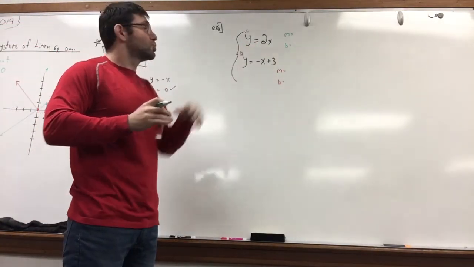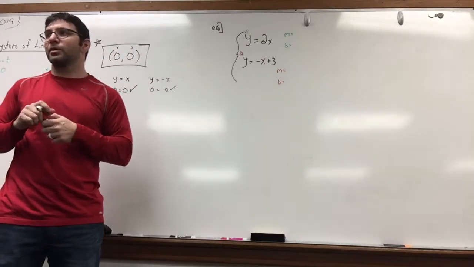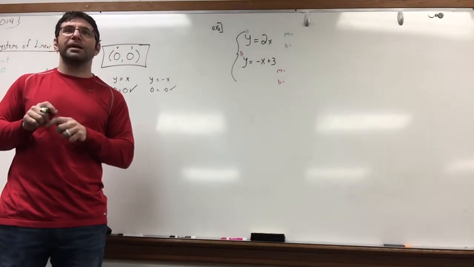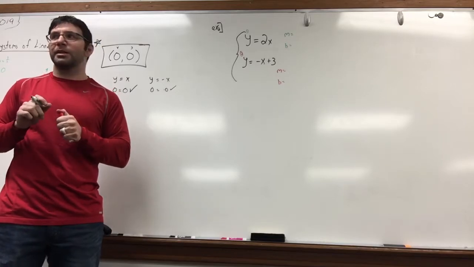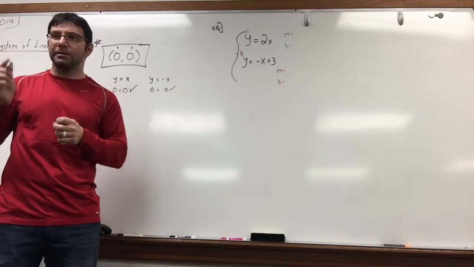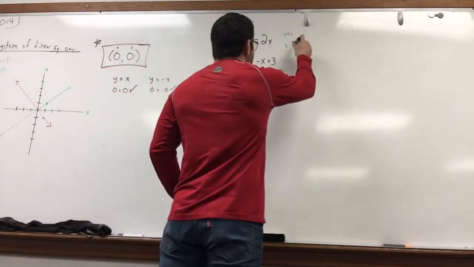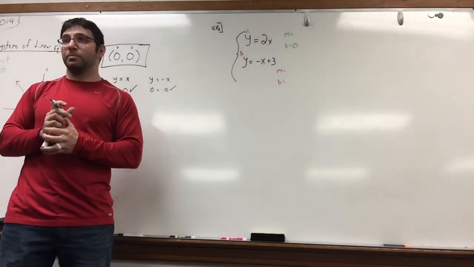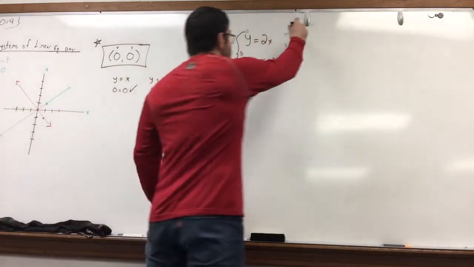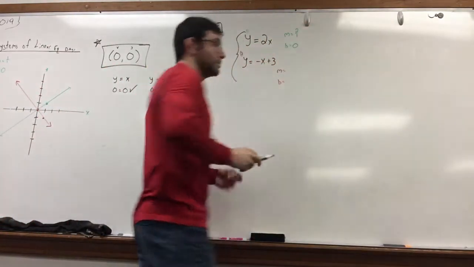Y equals 2x. What's my y-intercept in y equals 2x? Come on, I need some new people. Haley: 0. So my y-intercept is 0. What is the slope? Go ahead. 2 over 1. Very good.